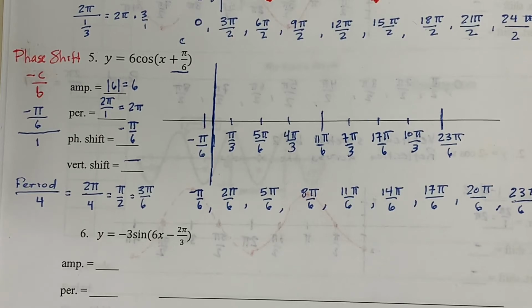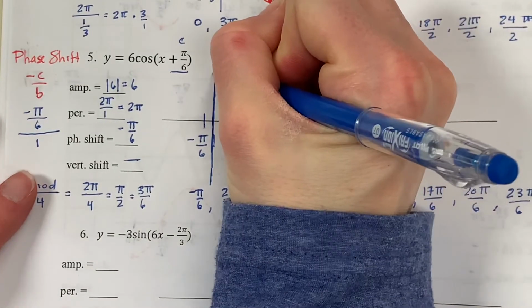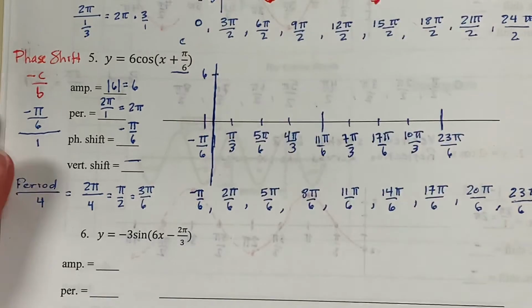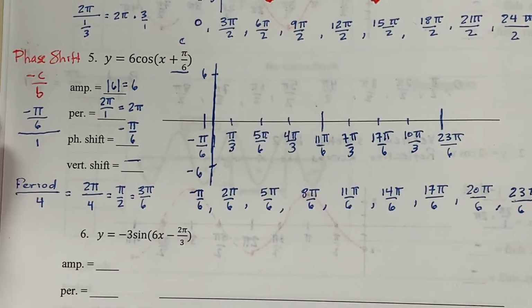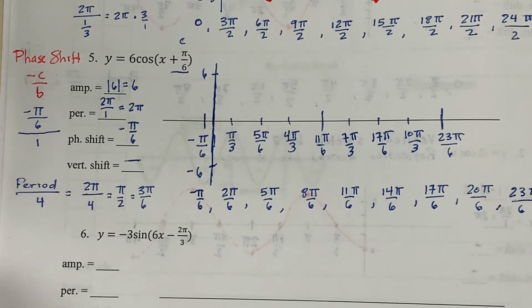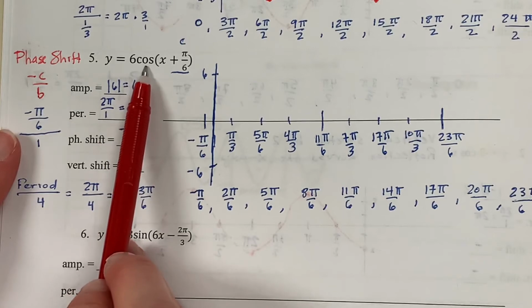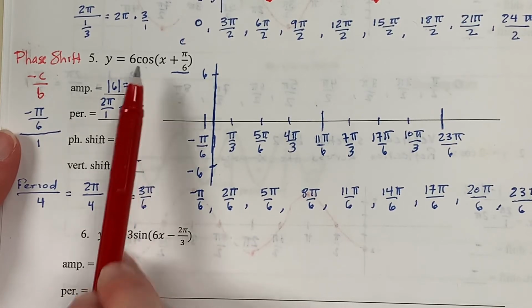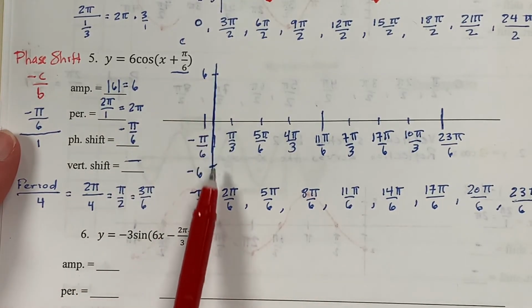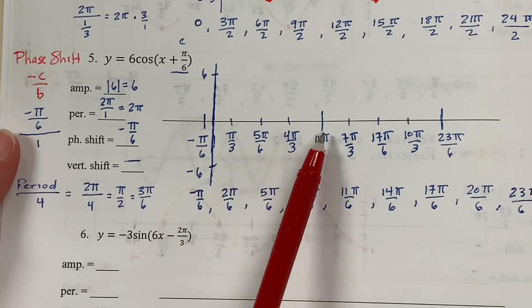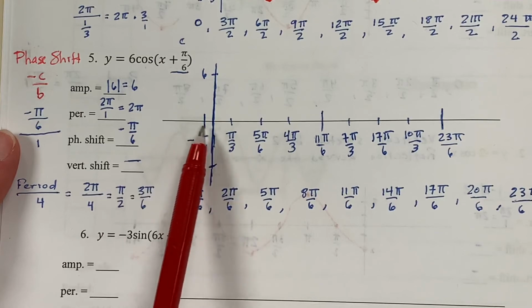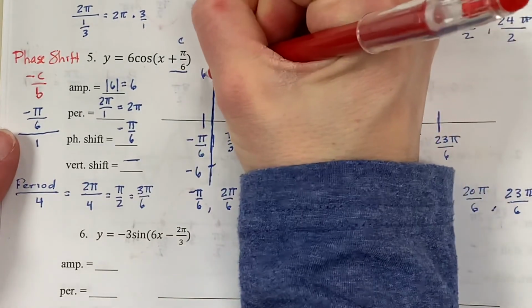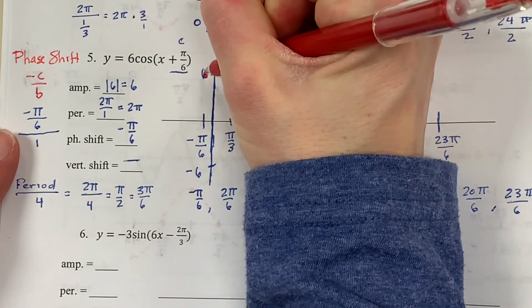My amplitude is 6, so that means the maximum value of the curve will be at 6, and the minimum value will be at negative 6. Cosine begins at a maximum. We will not be labeling anything on the y-axis because those are not the points on my x-axis. So my first point is going to fall at negative pi over 6 at my maximum 6.